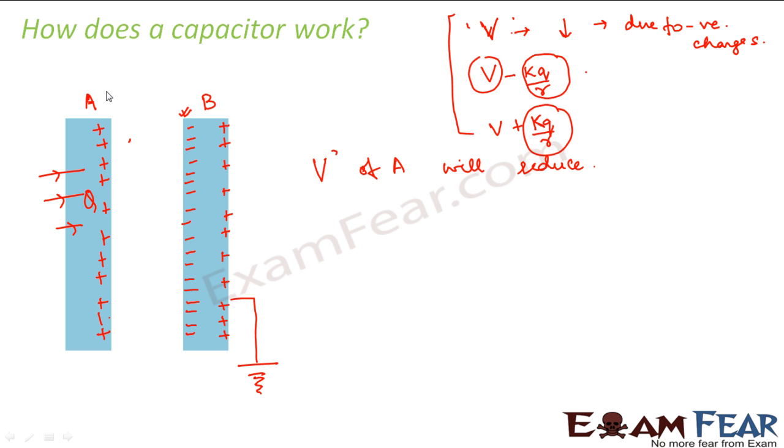Now, when it is at its maximum potential, you bring another conductor in front of A. Due to induction, negative charges get induced at the nearer end and positive charges at the farther end. Because of the negative charges the potential of A decreases, whereas because of the positive charges the potential of A increases.